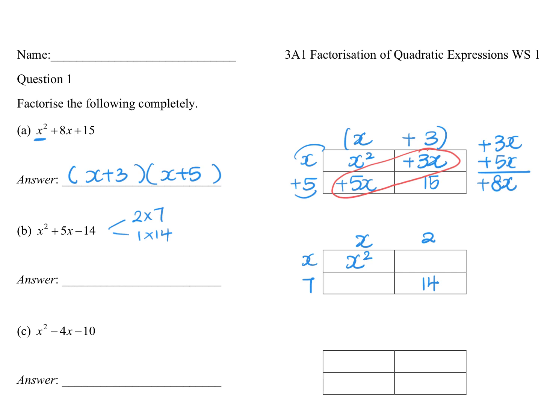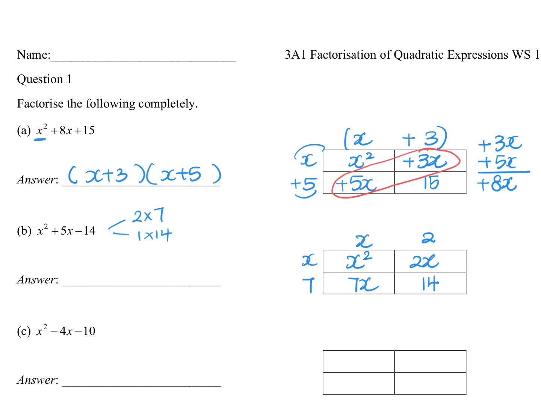Okay, and this box here is x times 2 to give me 2x. This box over here will be x times 7 to give me 7x.